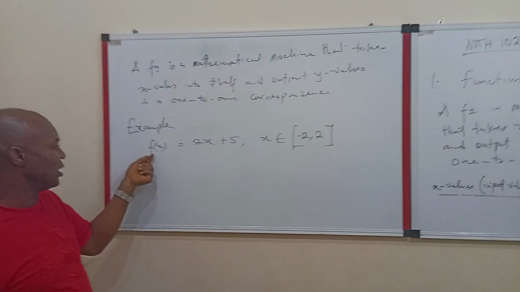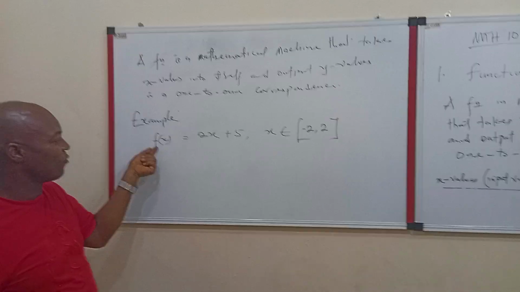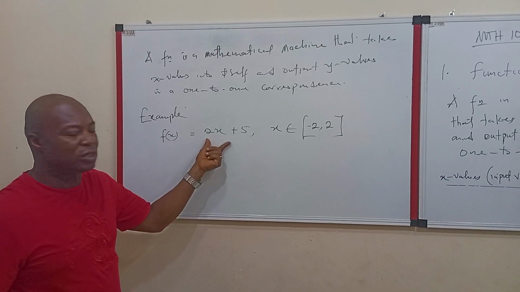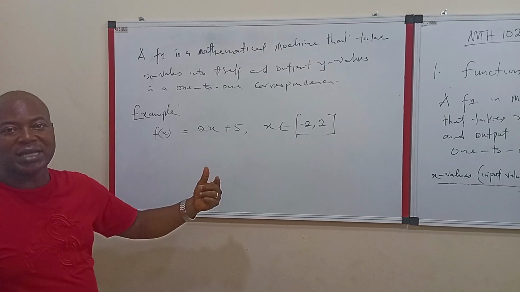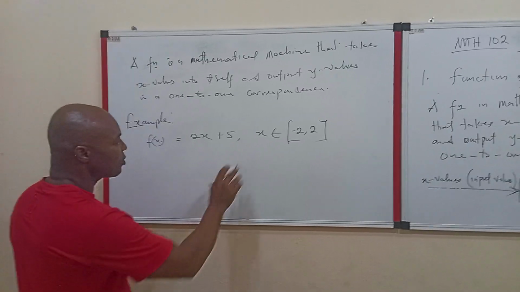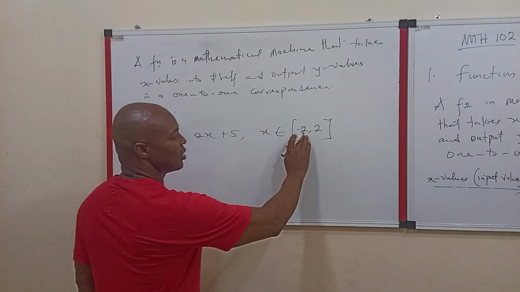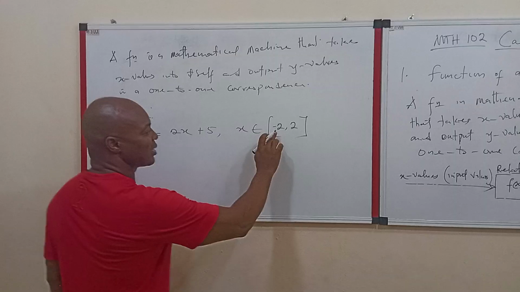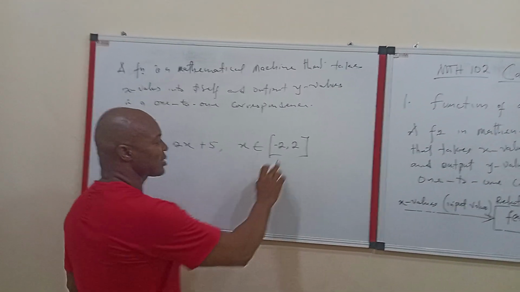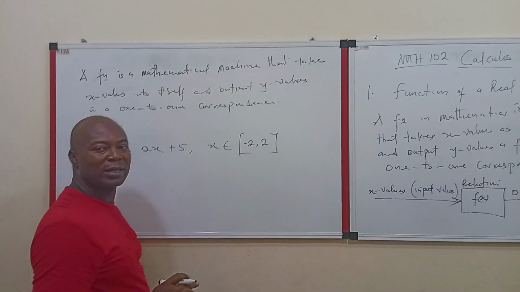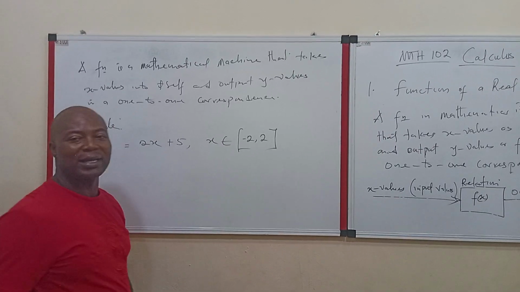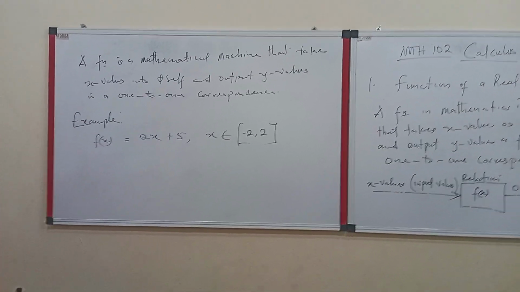So this is a function of x. In moral, we are saying that f cannot survive without this, so it exists as a result of this term. So these other terms must be written in terms of this. Now, based on what we are doing, we are saying that x takes values in this range, meaning x can take -2, x can take -1, x can take 0, x can take 1, and x can also take 2.